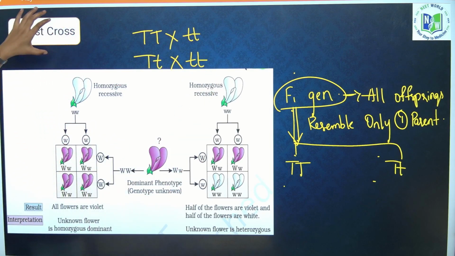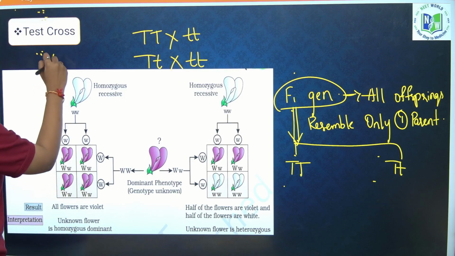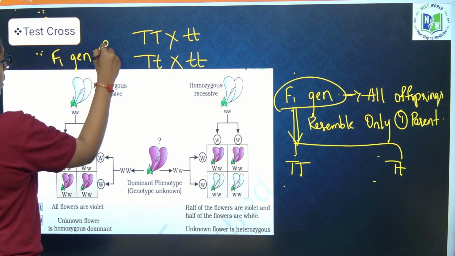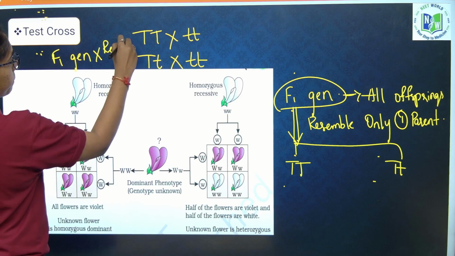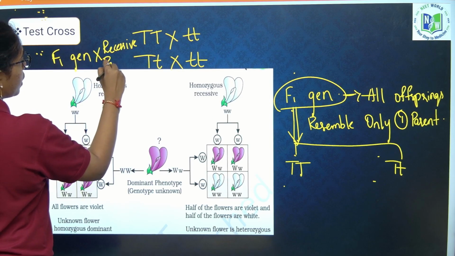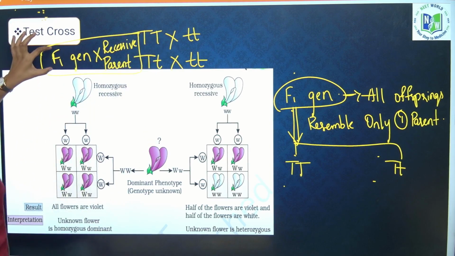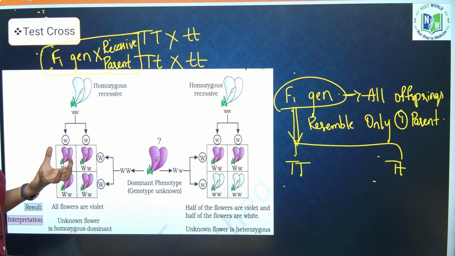What is a test cross? Crossing any organism or any gene of the F1 generation with a recessive parent is called a test cross. What is the benefit of a test cross?